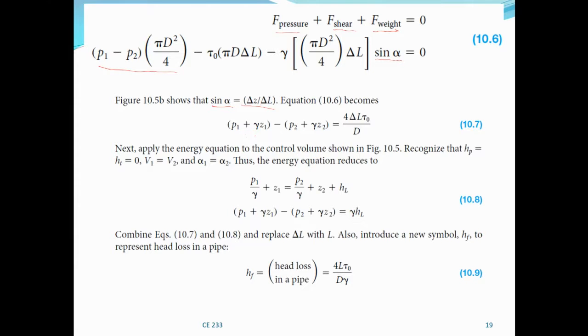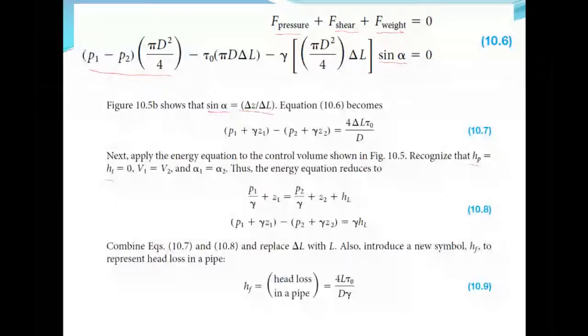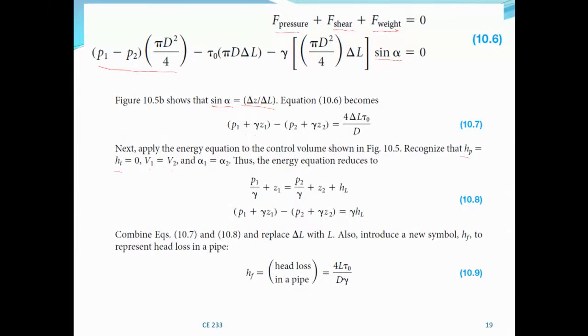And again, if we recognize that when we apply the energy equation to the control volume, we don't have a pump or a turbine. V1 equals V2. The velocity is the same because we're talking about uniform and steady flow here. And alpha 1 equals alpha 2. So when we apply the energy equation, we have it this way.